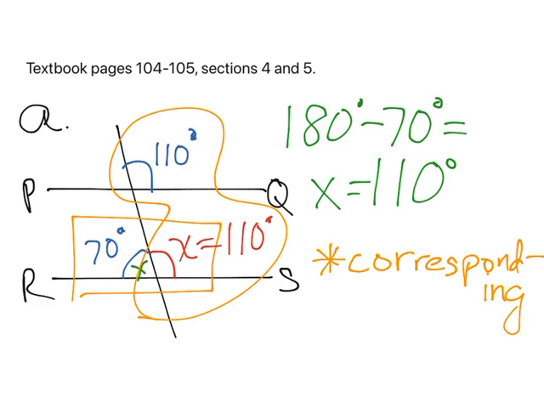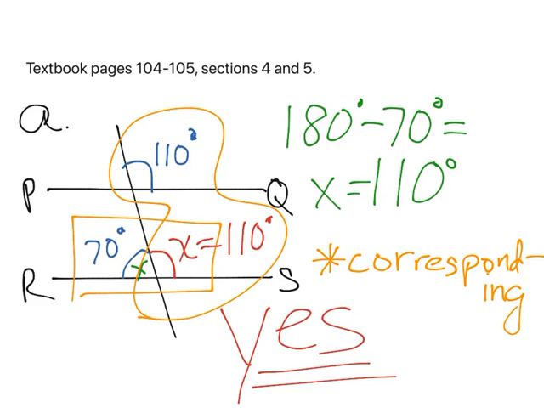So, are PQ and RS parallel? Yes, they are. So it's as simple as that, using the information we know to determine if two lines are parallel. Let's move on to B, and then I'll set you free to do this on your own.